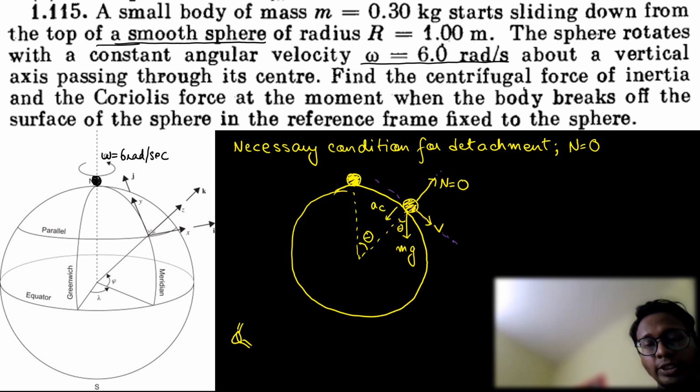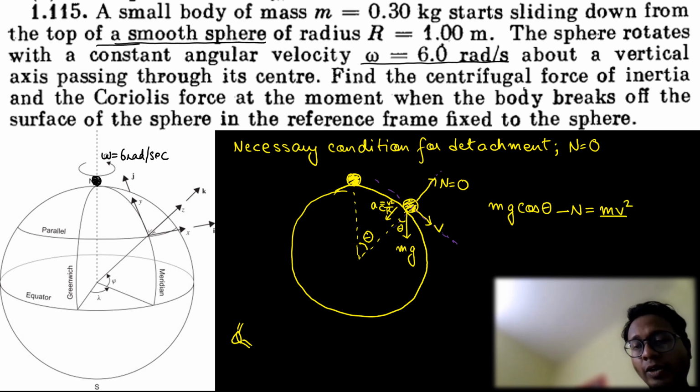In this direction it equals v square by r. So can I say mg cos theta minus N is equal to m v square by r, where r is the radius of the sphere. Fair and fine.